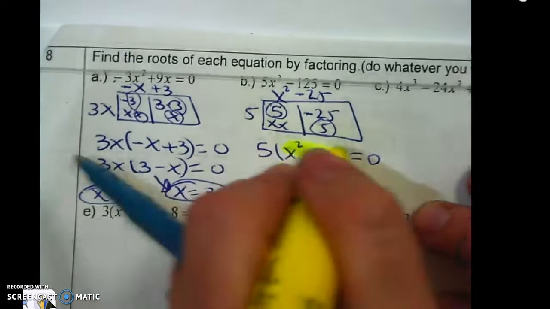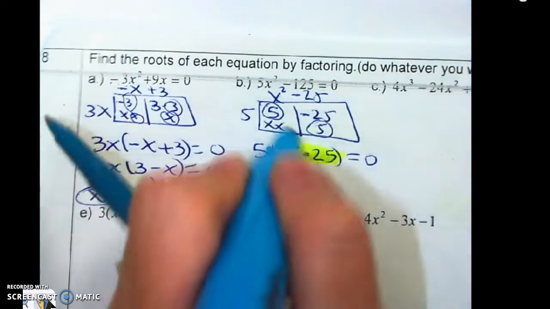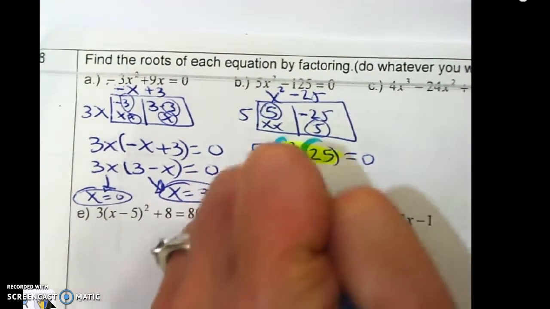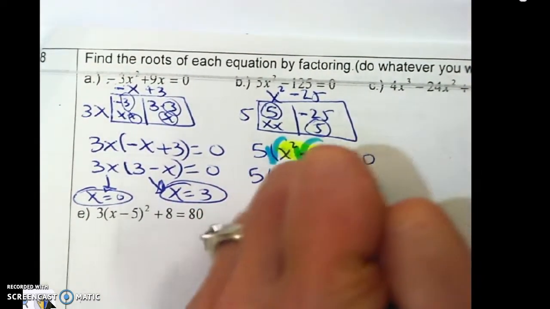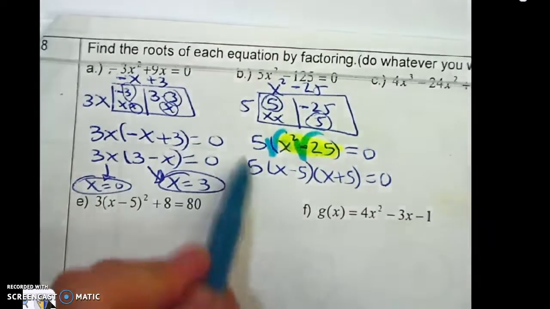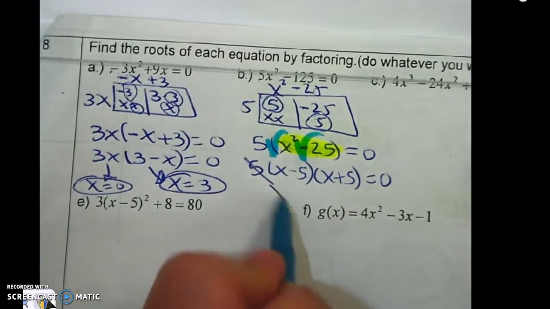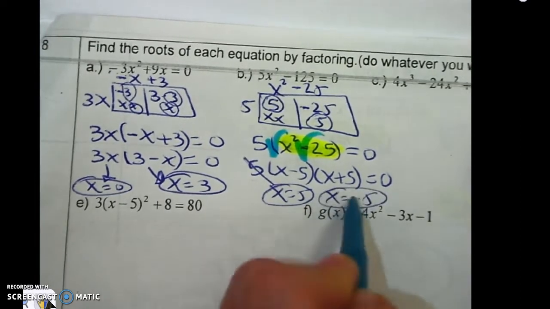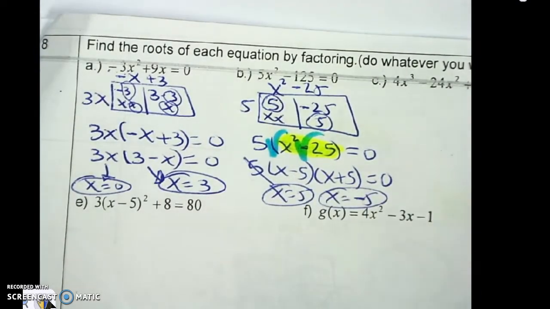I know I can keep going because there's a squared, so I can do square root, square root. So that means it's 5 times x minus 5 times x plus 5. I can't set 5 equal to 0, so that's done. This one is x equals 5, and this is the opposite, negative 5. Okay? Let's do the next one.